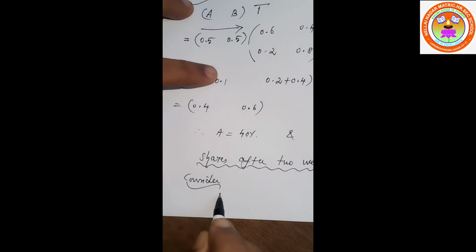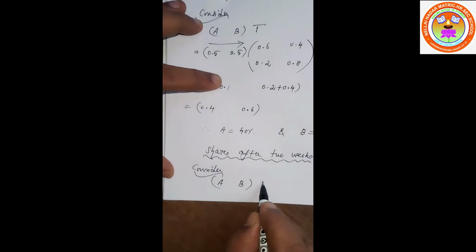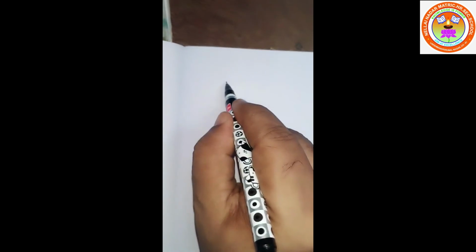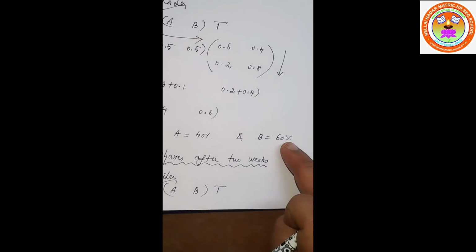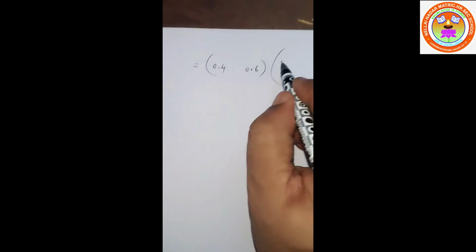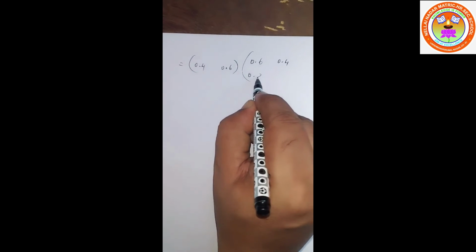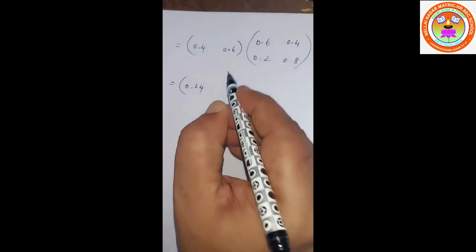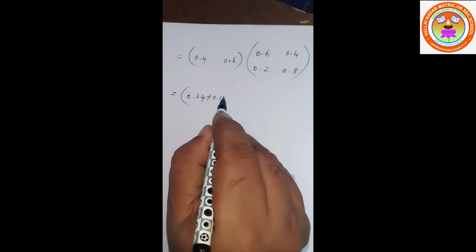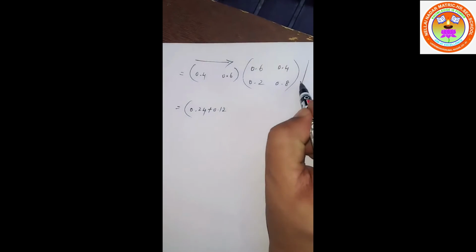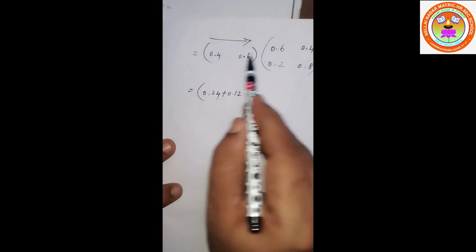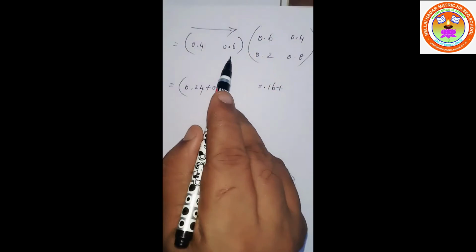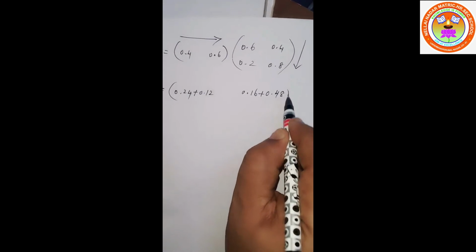Again you have to consider A, B with the T. Now A and B should be replaced by 40% and 60%. 40% is 0.4, 60% is 0.6, into the transition matrix, that is 0.6, 0.4, 0.2 and 0.8. 0.4 into 0.6 is 0.24. 0.6 into 0.2 is 0.12, row by column. 0.4 into 0.4 is 0.16. 0.6 into 0.8 is 0.48.